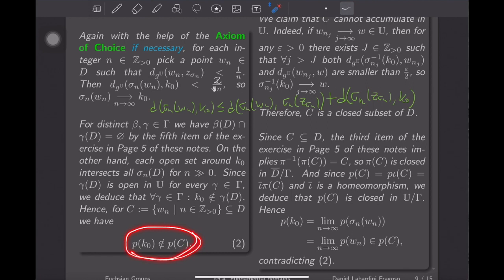Okay, so k naught is not in the gamma orbit of any of the points in C, and that implies that when I project it, the projection is not in P of C, because belonging to that projection would mean that k naught is in the orbit of some element of C, by the definition of the projection P from H, or U if you want, to H modulo gamma.